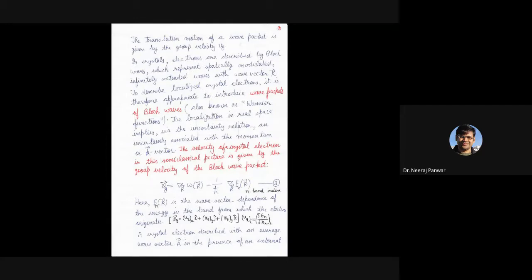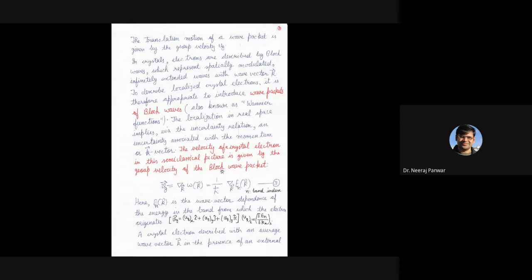These are also known as Wannier functions. The localization in real space implies, following the uncertainty principle, an uncertainty associated with the momentum or k vector. The velocity of a crystal electron in this semi-classical picture is given by the group velocity of the Bloch wave packet.